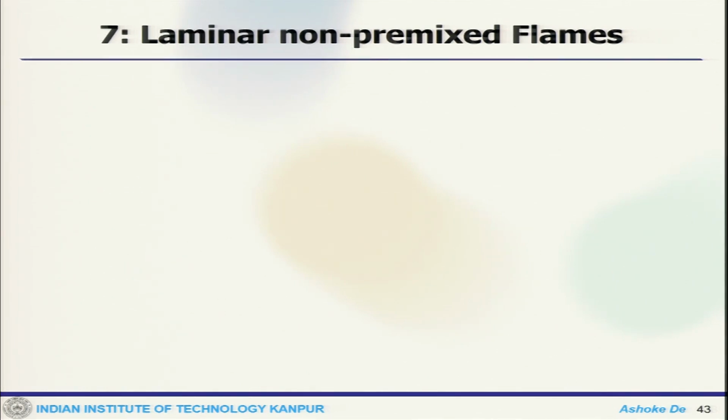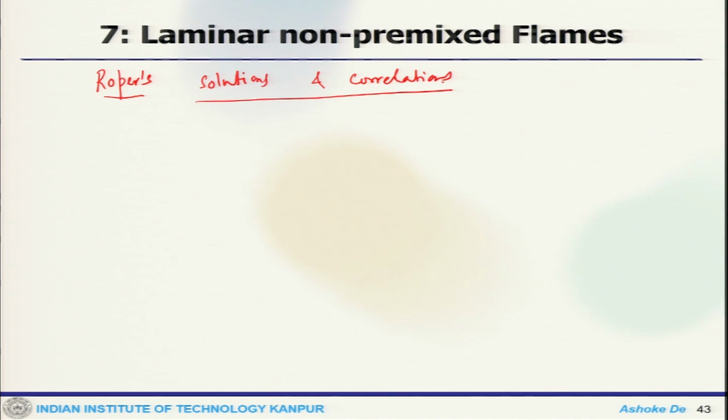Now, we can look at some of these solutions. One is Roper's solution and correlations. So, we take a circular port.